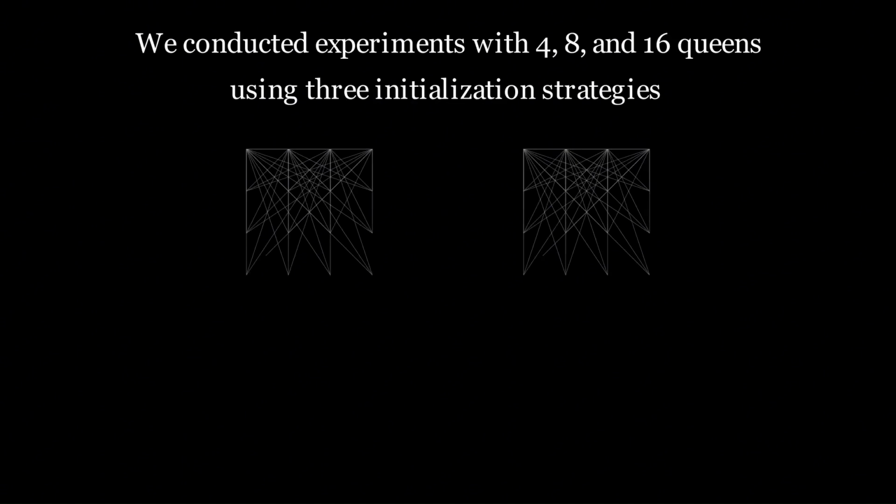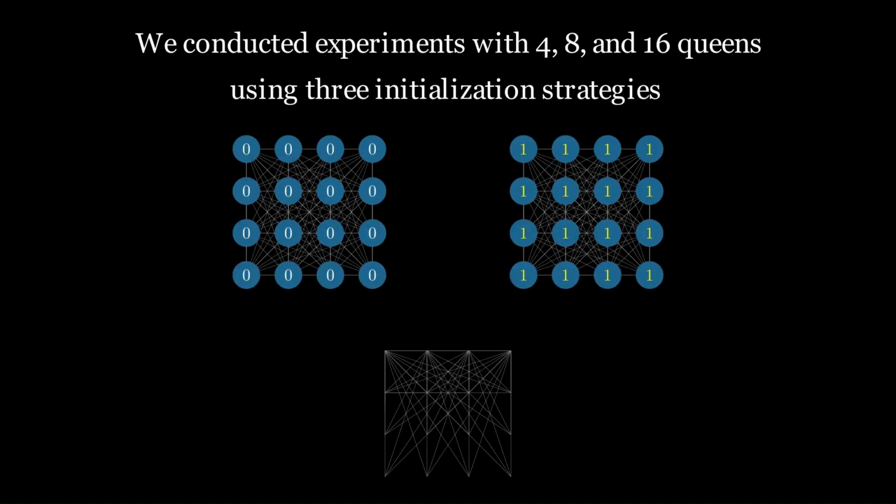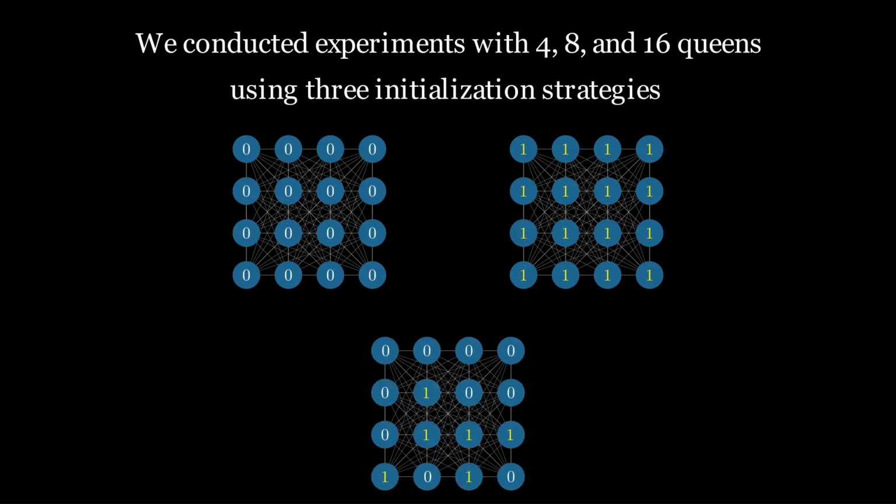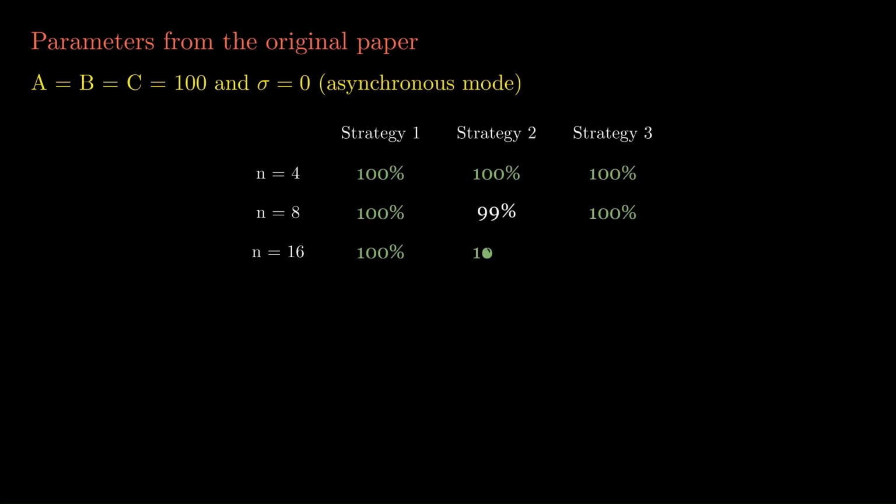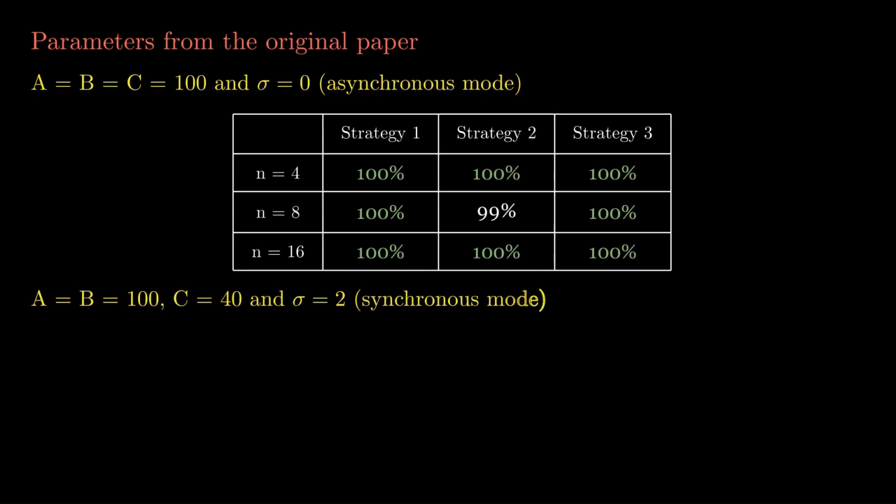We conducted experiments with 4, 8, and 16 queens using 3 initialization strategies: all zeros, all ones, and random values. For each setup, we ran the network 100 times to measure its convergence rates. With the original paper's parameters, the network achieved near perfect convergence, often 100%, regardless of the initial state.